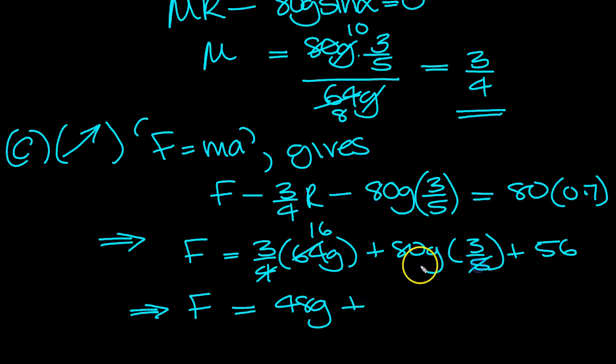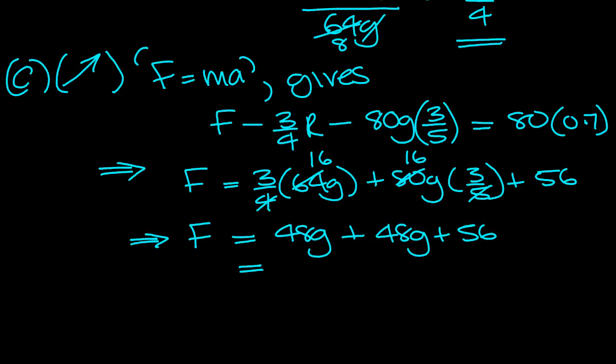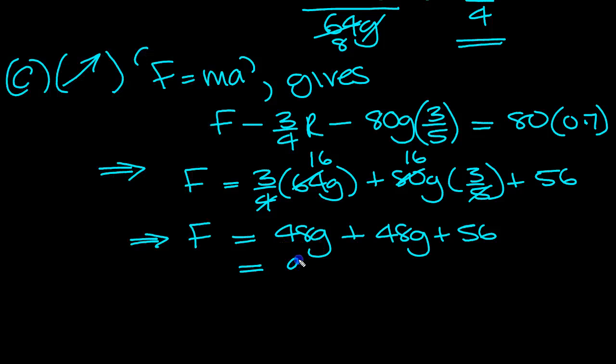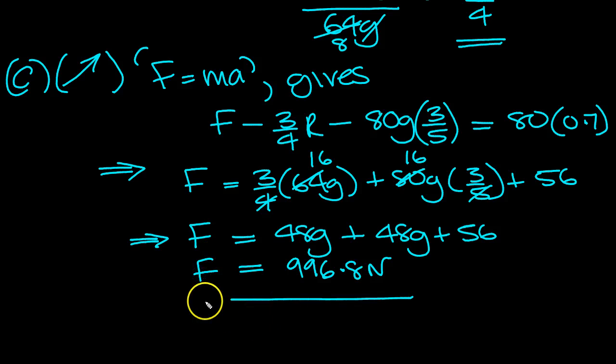Plus 5 goes into 80 16 times, 3 16s are 48 again, plus 56. So it's 96g plus 56. Tap it in the calculator then: 2 lots of 48g plus the 56 is equal to 996.8 newtons, and that's the force that's required to pull it up with an acceleration of 0.7.